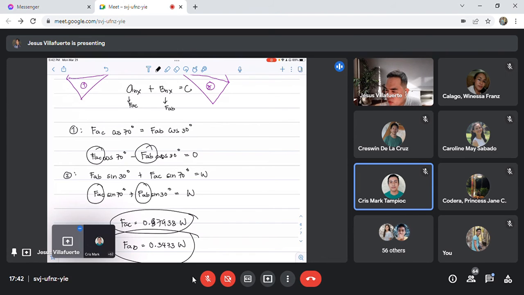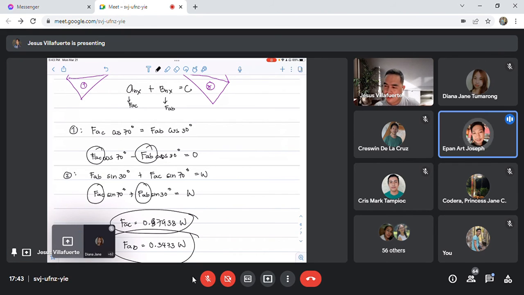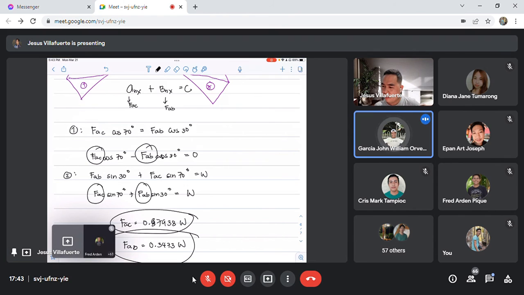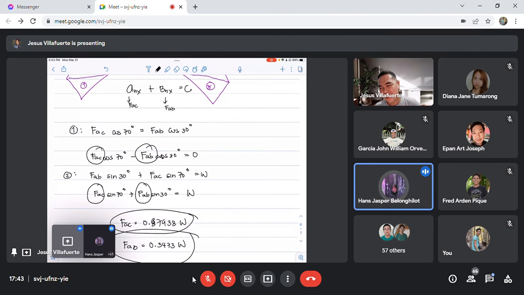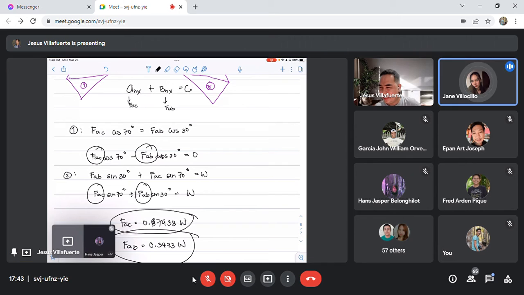Diana Jane Tubarong, present, sir. Epan Art Joseph, present, sir. Garcia John William, present, sir. Hans Jasper Bilonghilot, present. Jane Villosilio, present, sir.